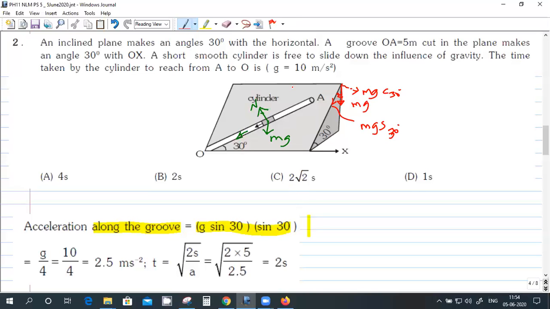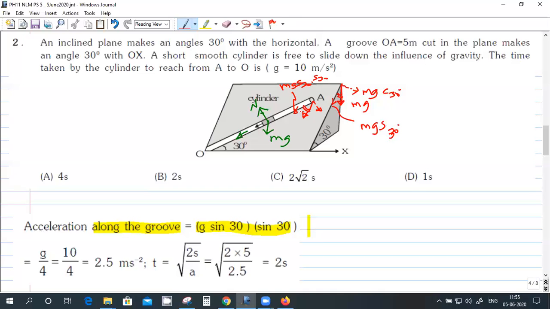Okay, so that vector I can transport parallelly here. It's along the same plane, and this angle is again 60 degrees. So this again I can split into two components, one here and one here. So this component is mg sin 30 into sin 30 because this is 60.